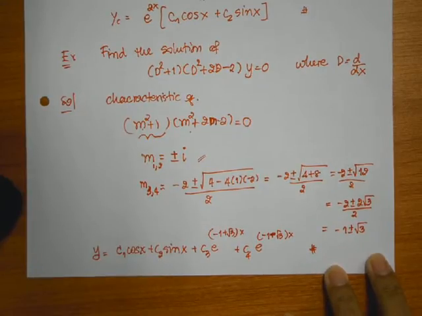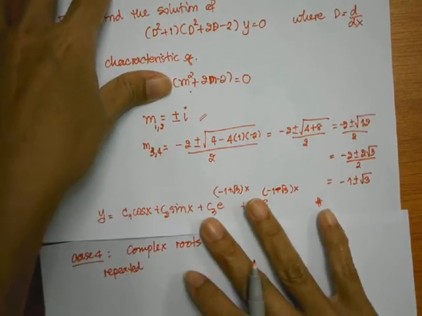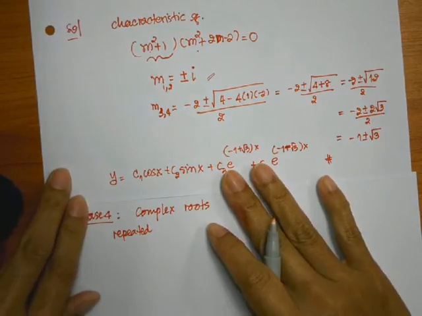Next is case 4. 2 itself is a complex root. It's a repeated complex root. Case 4 is a repeated complex root.